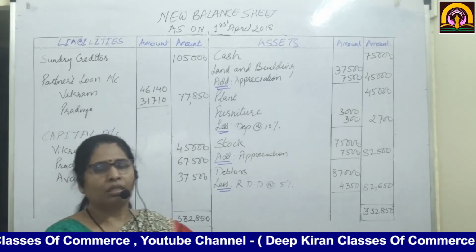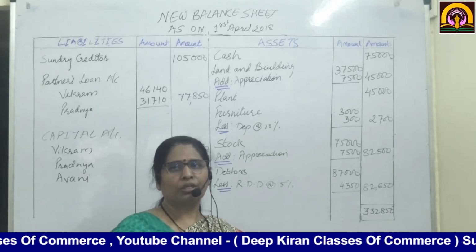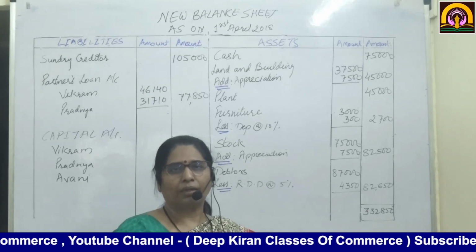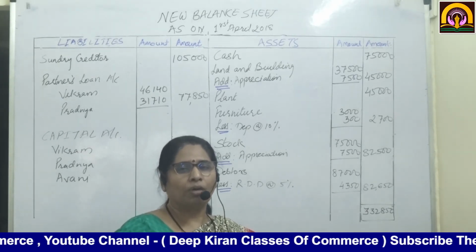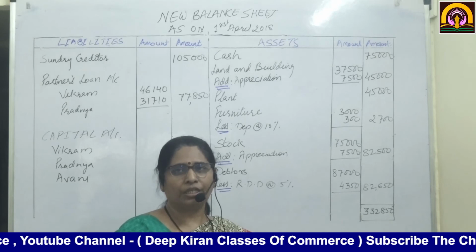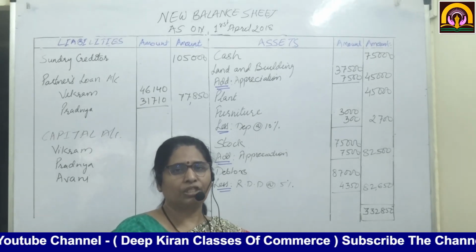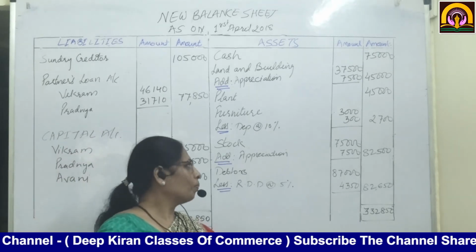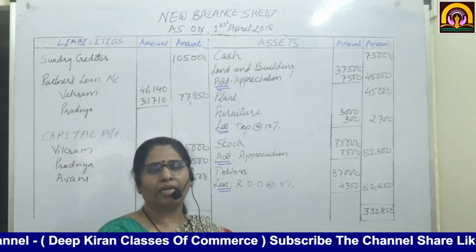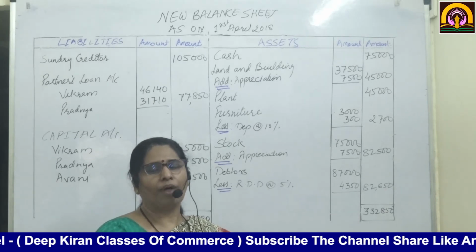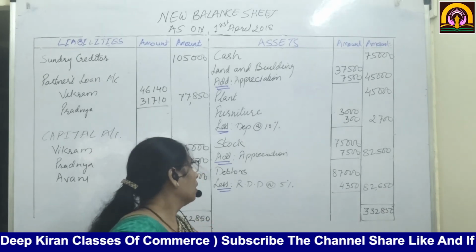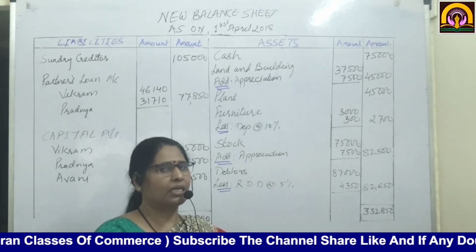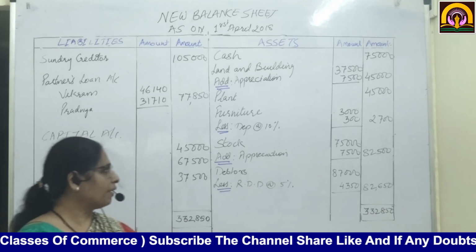Then comes stock. The value of stock was how much? 75,000, okay, in your old balance sheet or the above balance sheet. Then there is appreciation of rupees 7,500, because in the adjustment they had said the value of stock will be 82,500. So there is appreciation by 7,500.